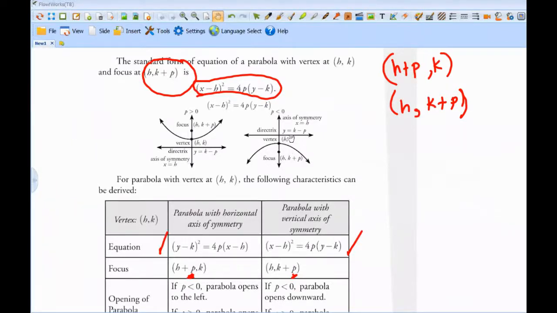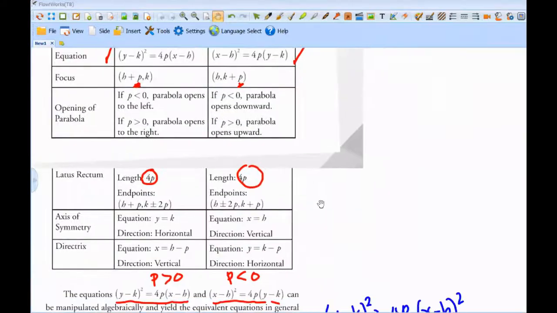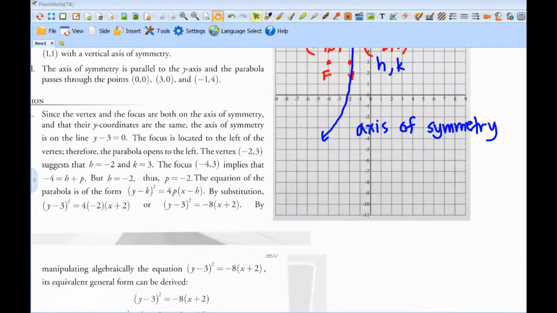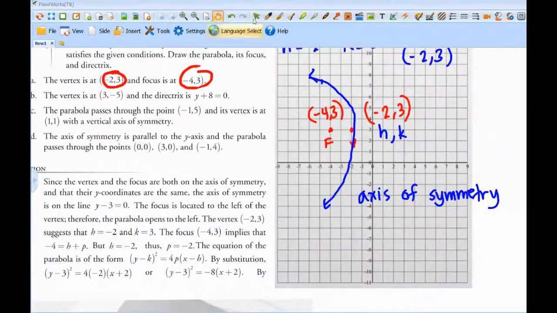It is horizontal here, and vertical here. So what is the formula of the axis of symmetry? It's on the line y minus 3 is equal to 0. So y minus 3, therefore y is equal to 3.